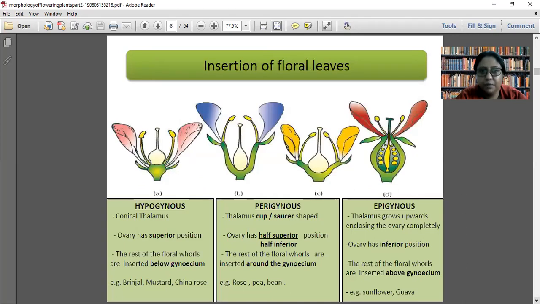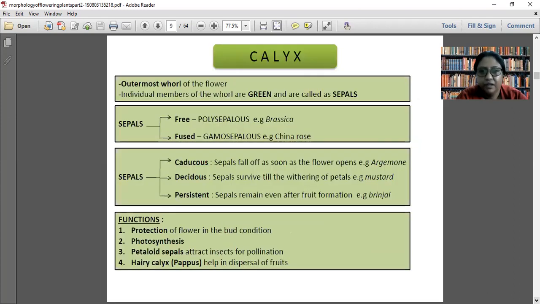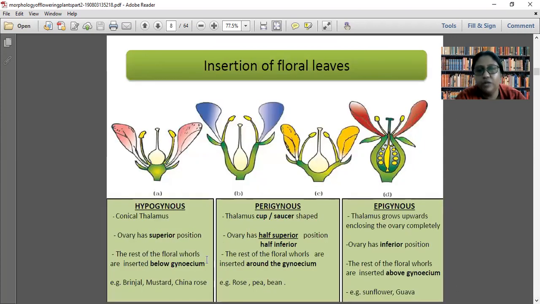We talked about the perigynous, epigynous, hypogynous ovary. We learned what formula we used to remember this.